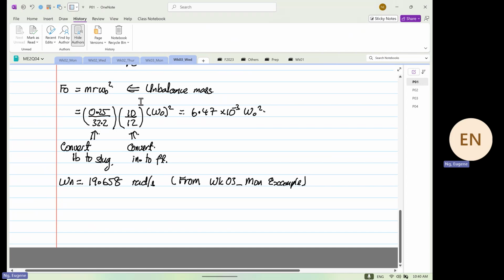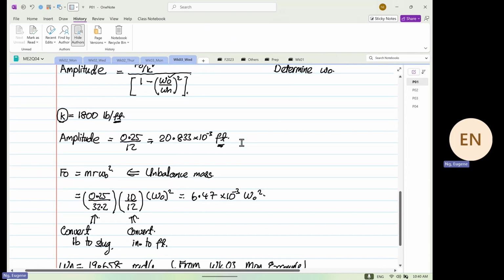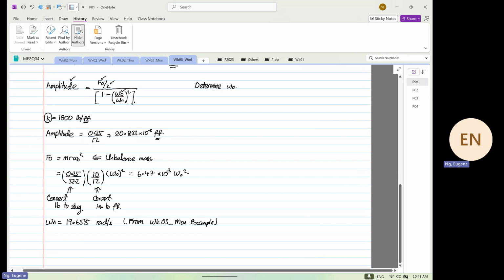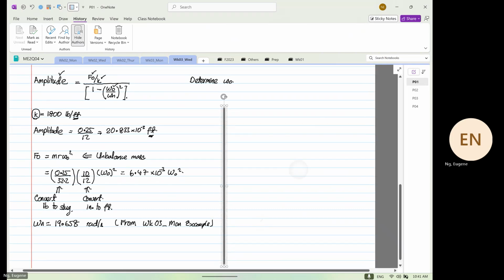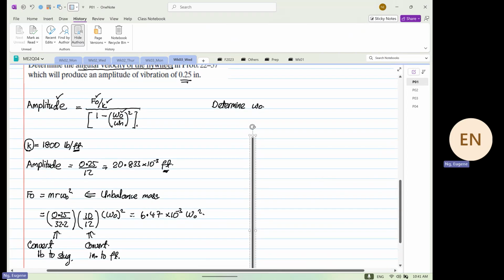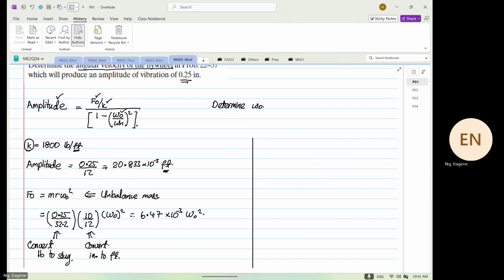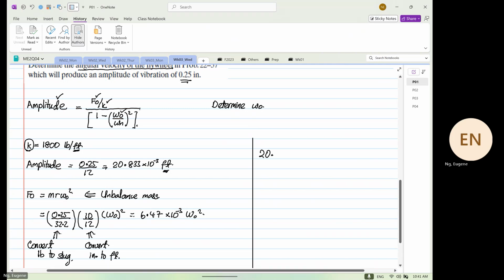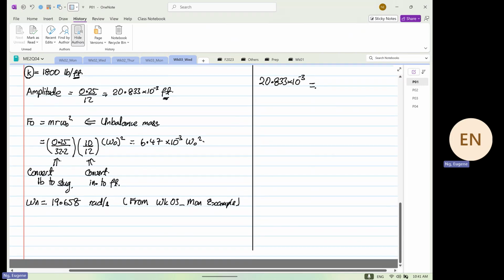So from here, we have every value now. All we need to do is put it in, and I'm going to make my life easy rather than starting from a new page. So we know our amplitude is equal to 20.833 times 10 to the power minus 3, and this will be equal to F naught.